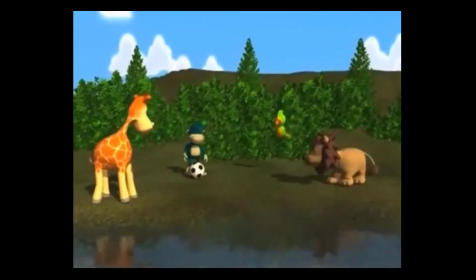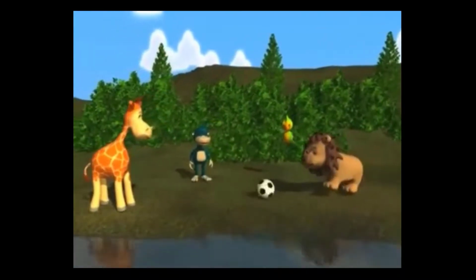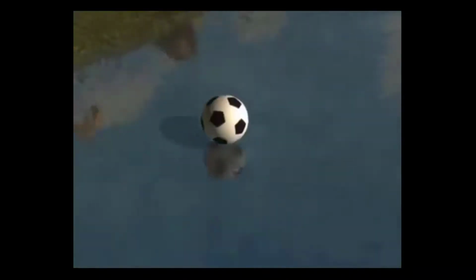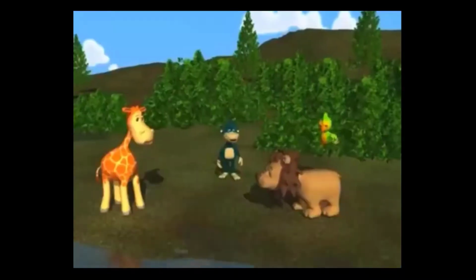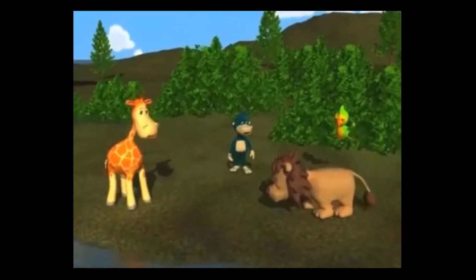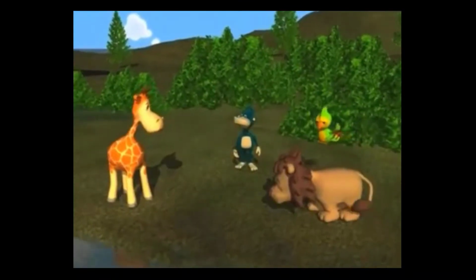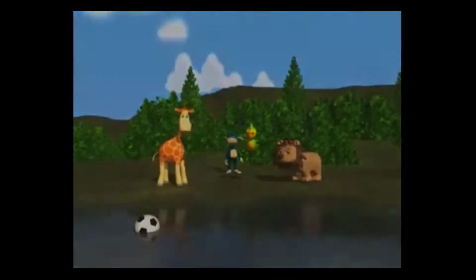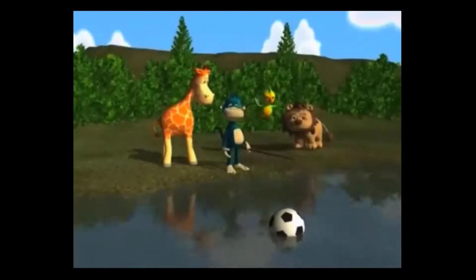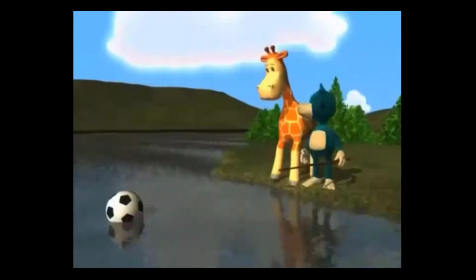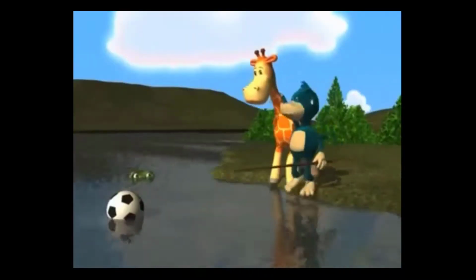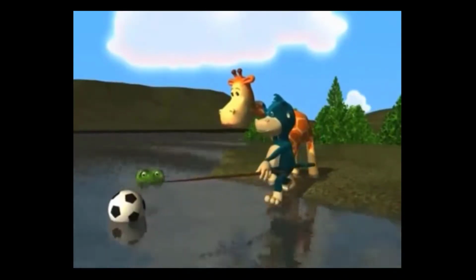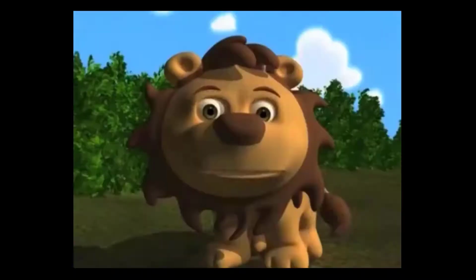This is fun! Oh no! Leo! Where's the ball? Look! I've got an idea. Gina, come with me. Yummy.